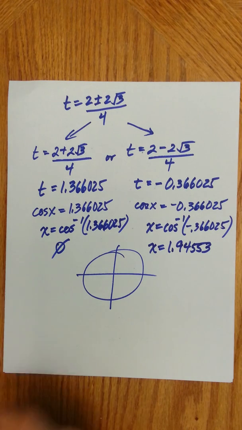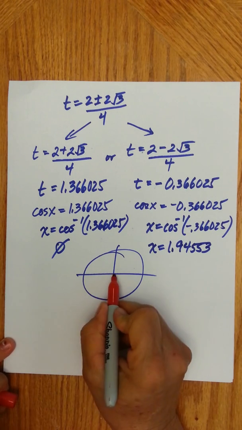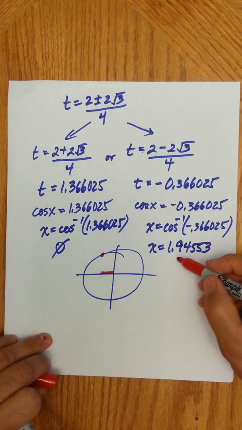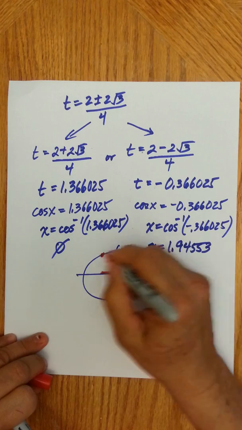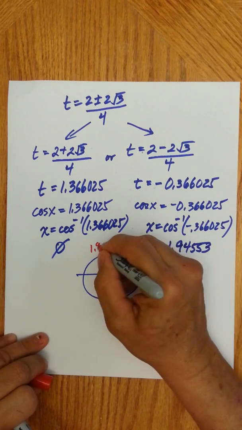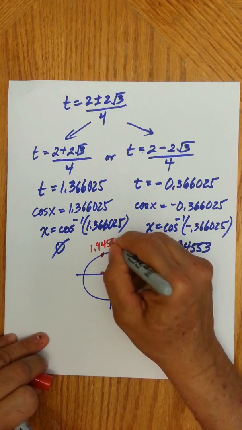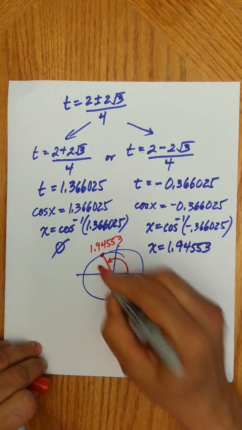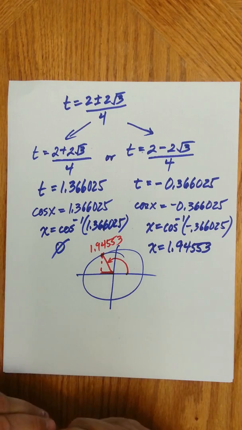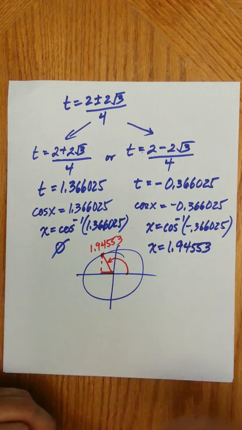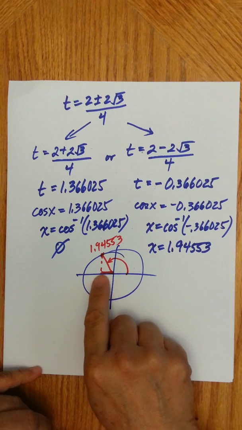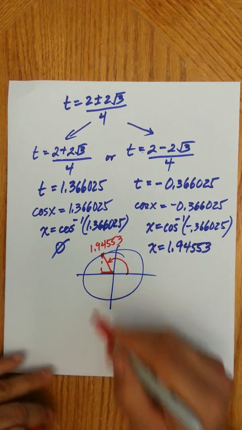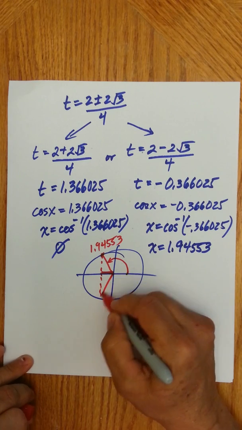That means I'm going in the negative direction, a length of 0.366025. So I'm somewhere here, and the calculator tells me that x is 1.94553. So there's my angle. I rotated that way, and here's my reference angle. Now, where else on the unit circle do you have an x-coordinate of this length, negative 0.366025? Well, right down here.